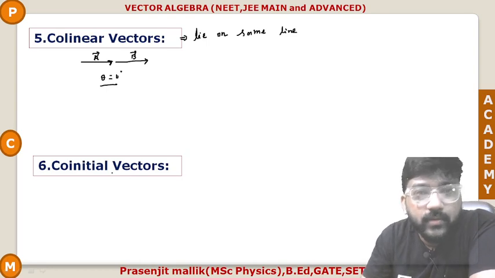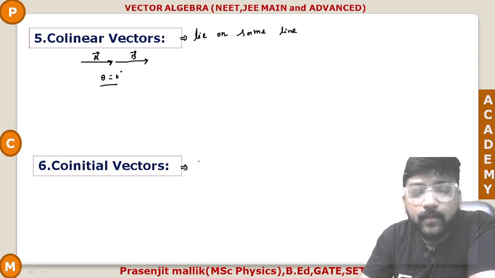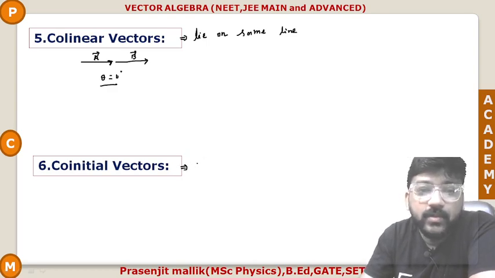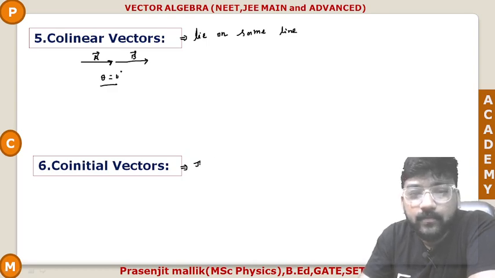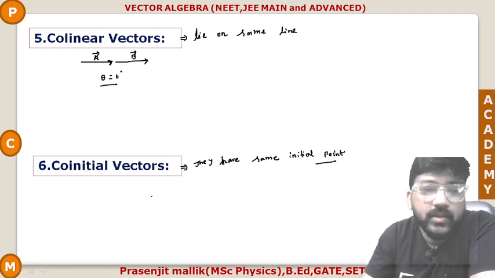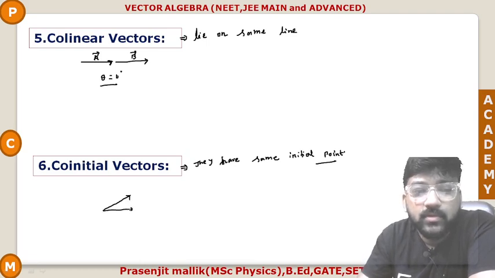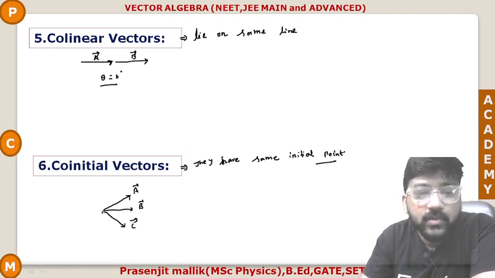But if you talk about coinitial vectors, then coinitial vectors have the same initial point. If 2 or 3 vectors are coinitial vectors, then they have the same initial point. That's why it is called the coinitial vector. Suppose this is the initial point, this is vector A, this is vector B, vector C. So they have the same initial point.